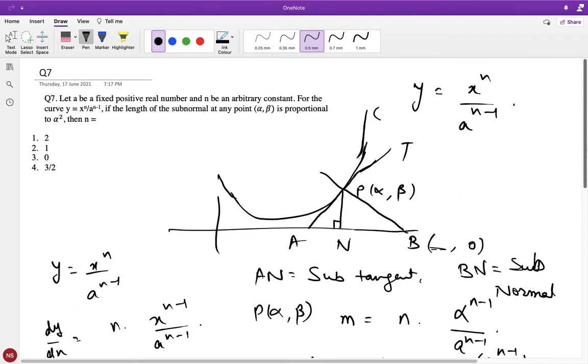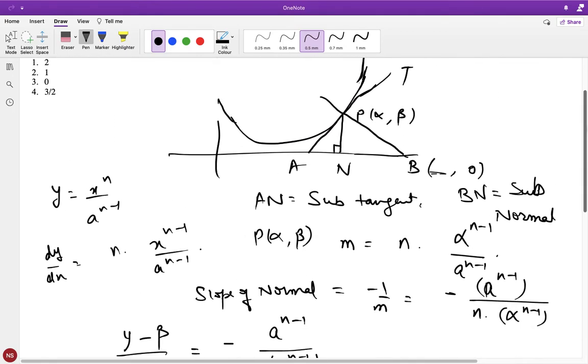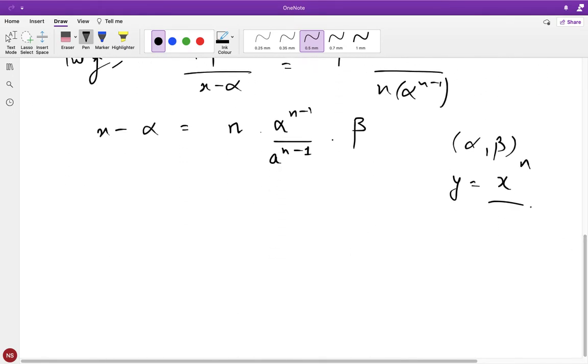Now (alpha, beta) lie on this curve, which is y = x^n / a^(n-1). So put beta in place of y and alpha in place of x, right?